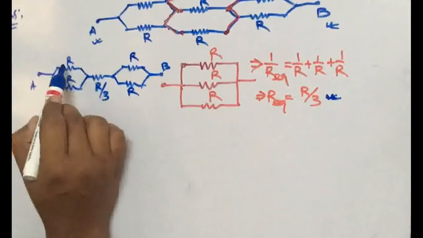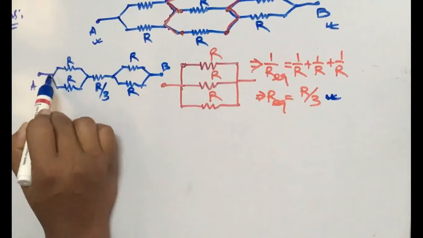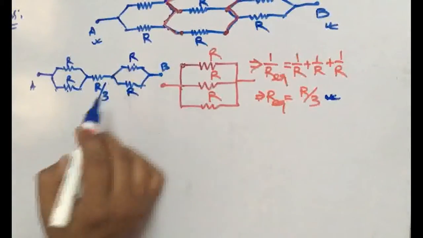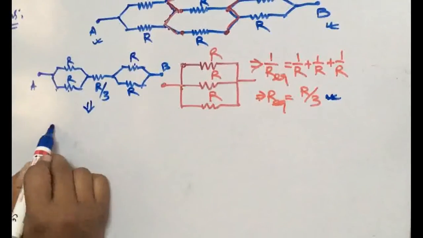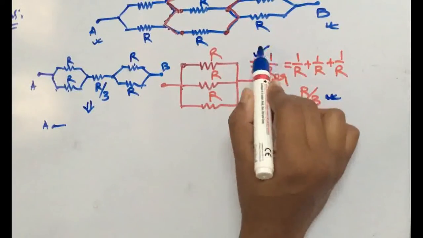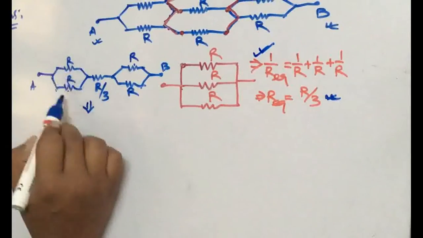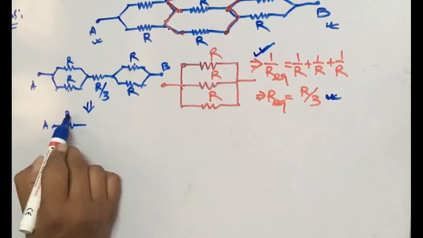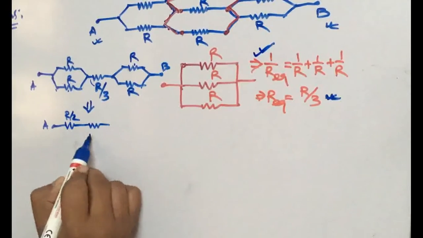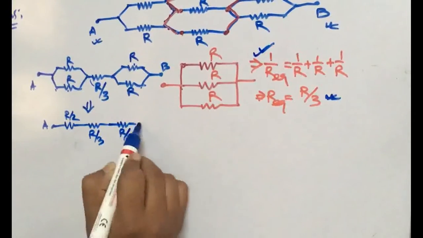Now see, these 2 resistances are in parallel because their terminals are common, and these 2 are also in parallel. If you calculate using the formula for parallel resistances, the parallel of these 2 will be R by 2, this is R by 3, and this will be R by 2.